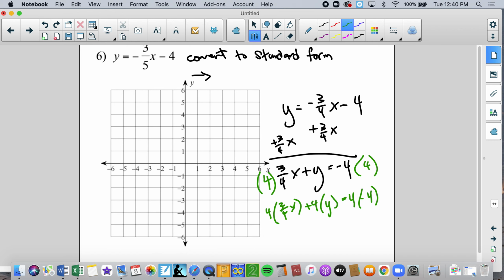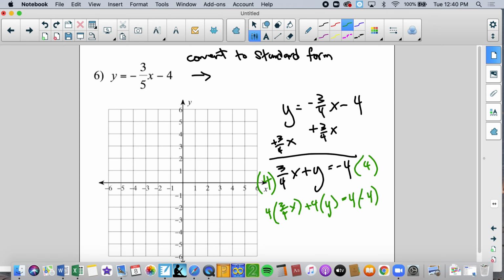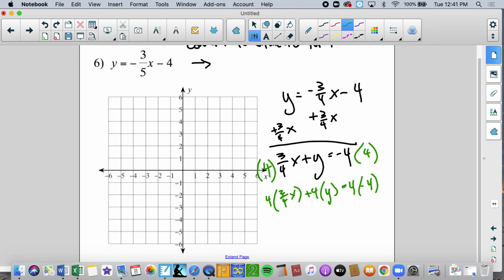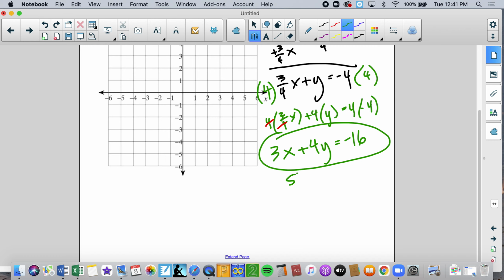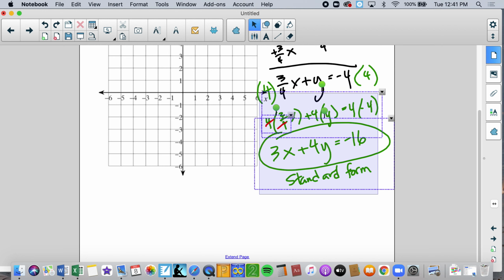This is what we just worked on in chapter 3. So the 4's are going to cancel. You're left with 3x plus 4y equals negative 16. Now it's in standard form, and now we can find the x and the y intercepts. Let's actually turn this to black.